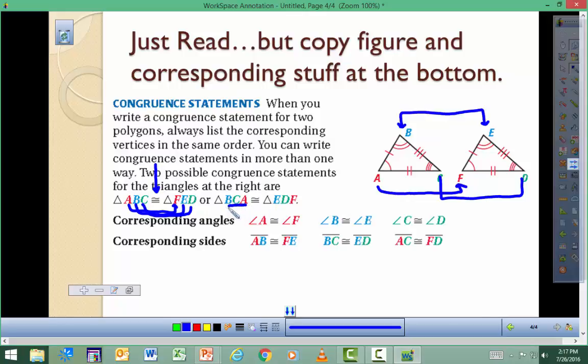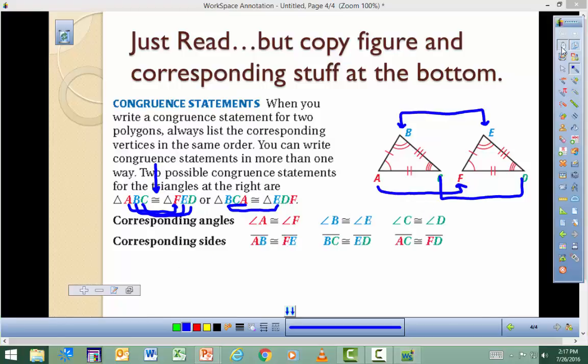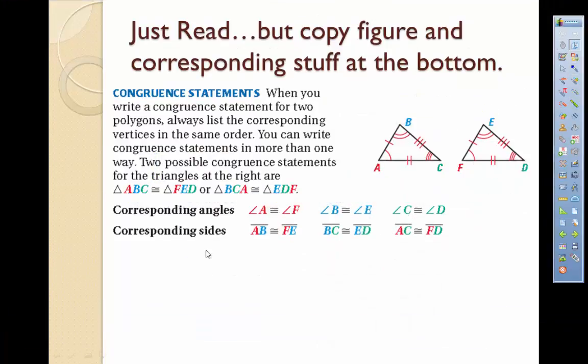So which letter does B correspond with? Well, as we said in the diagram, B matches up with E, and C matches up with D, and A matches up with F. Well, so that's the idea of corresponding. Now, the same idea happens with the sides. AB matches up with FE, okay?